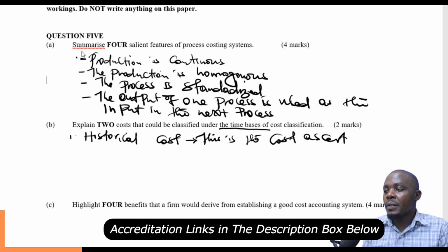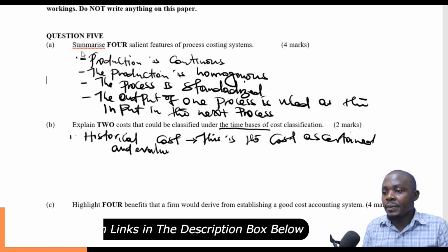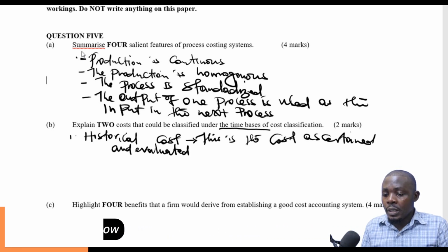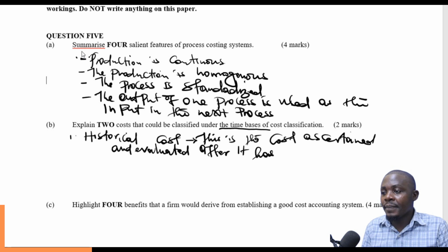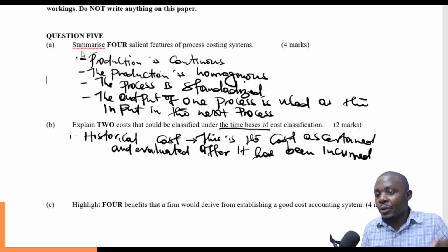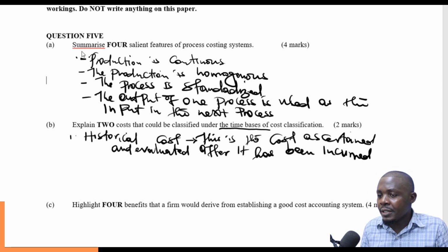This is the cost ascertained and evaluated after it has been incurred. It has already taken place. That is historical cost. We can budget for this cost, or we can account for this cost that was done in the previous period, so last year.